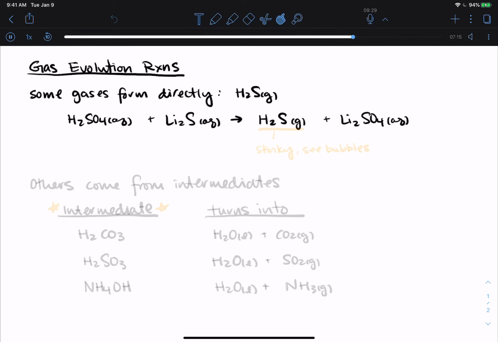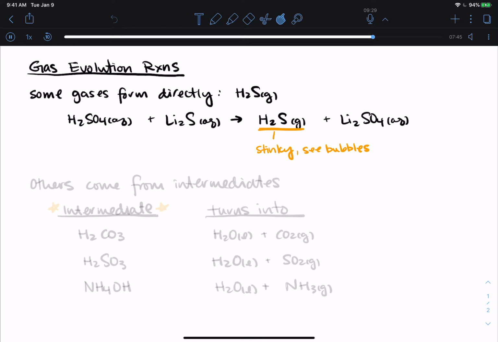And the reason that we know that we formed H2S gas, well, one, this is pretty stinky, so if you made this in lab, you would be able to tell, but also you see bubbles. So the gas bubbles up out of the reaction because that's the form that this product is in at room temperature under the conditions that we're doing this reaction.